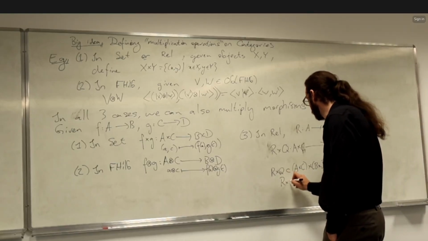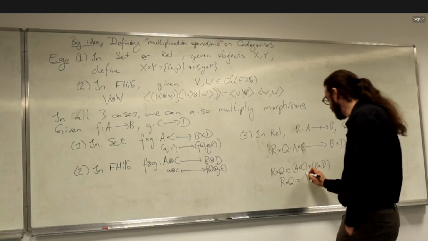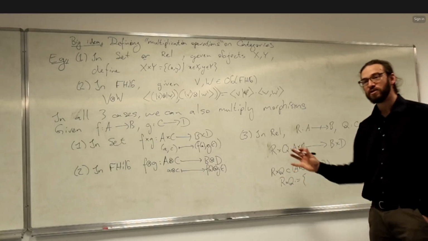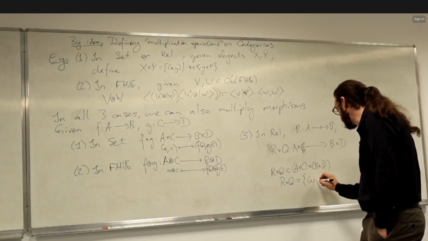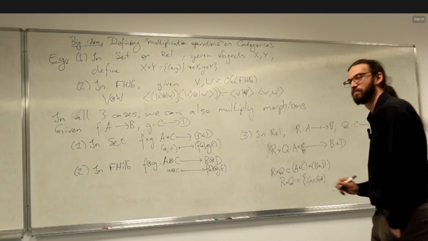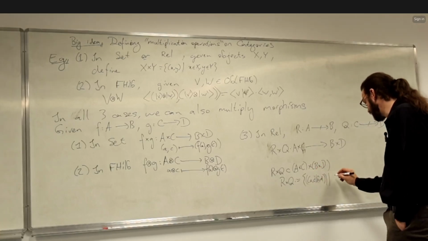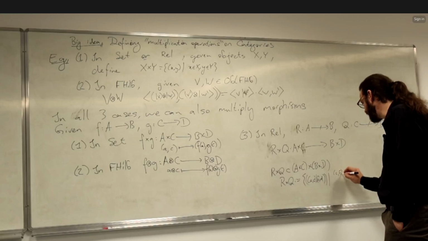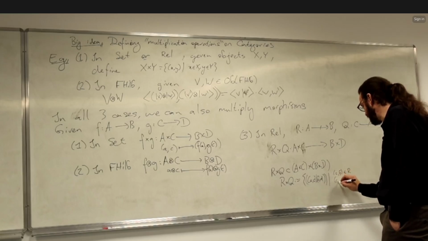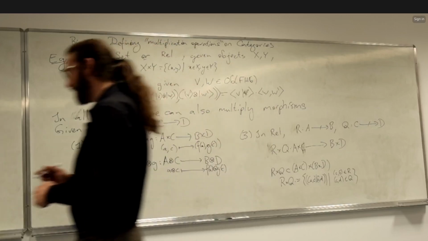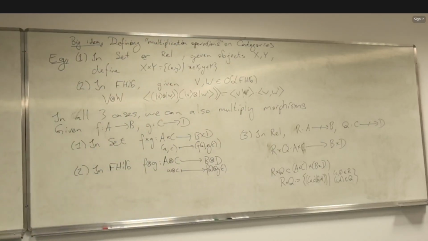Well, it will look basically like the Cartesian product, but we have to switch the order around. So this will be some (a, c, b, d) such that (a, b) is in R and (c, d) is in Q. And I'm not going to check on the board right now, but you can very easily verify for yourself that all of these define functors.